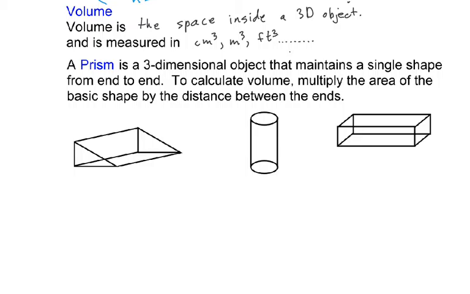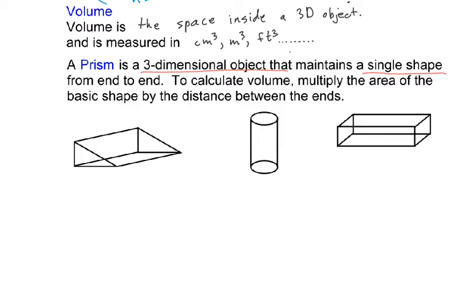Now, you heard me discuss the term prism earlier. Basically, what you need to realize is that a prism is a three-dimensional object, and it has a single shape that is repeated on both ends of the object.